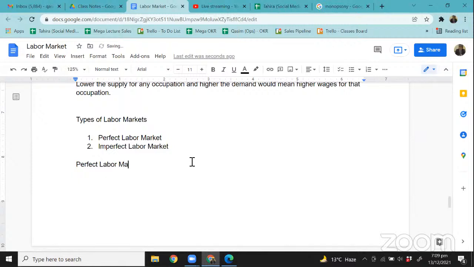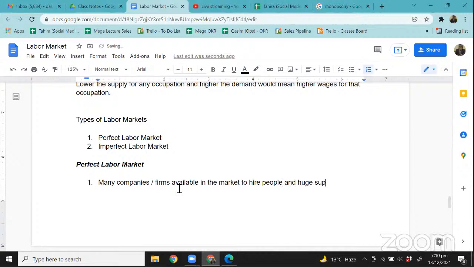There are some assumptions, as I was saying, that need to hold true for a market to be defined as a perfect labor market. Now the first one is: many companies in the market to hire people, and a huge supply of workers who are willing.